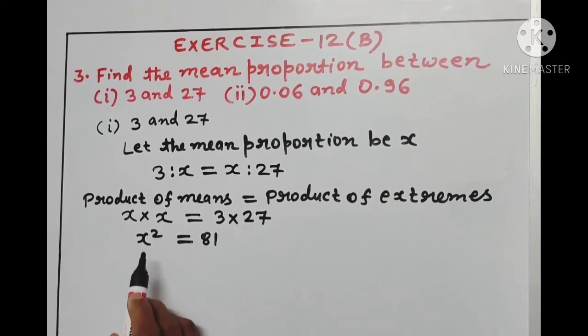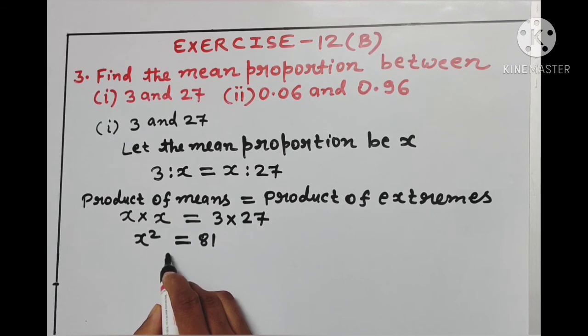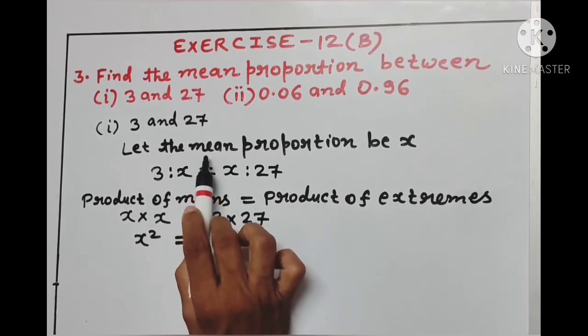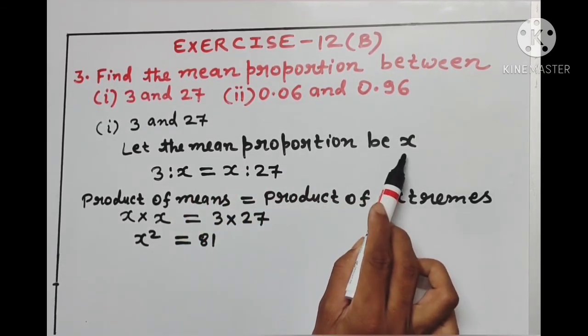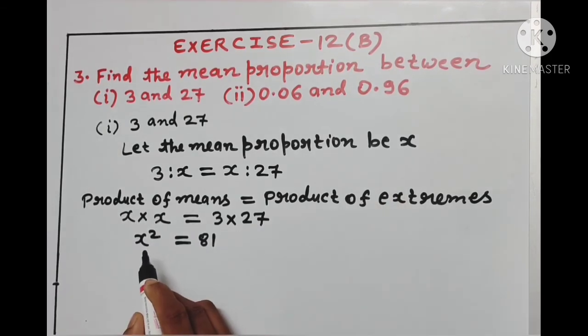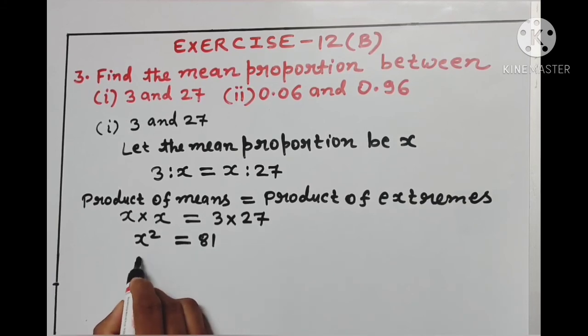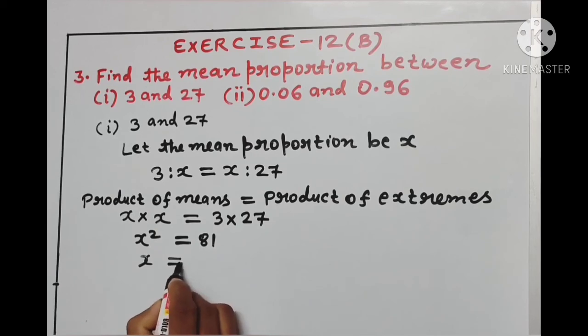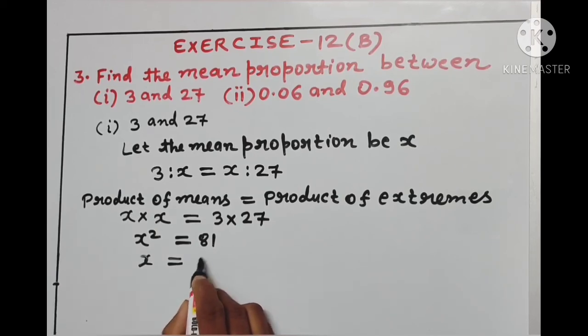Clear? Now here we have got x square equal to 81, but we have to find the value of x. Why? Because we have assumed the mean proportion is x. Okay. So for the value of x, we have to remove this square, this 2. So when we remove this 2, this square, then we have to write the square root symbol on the right hand side.